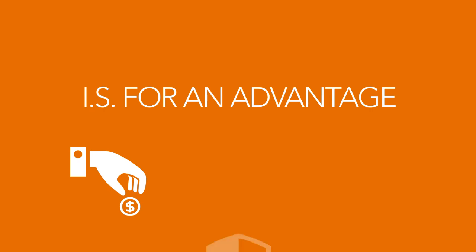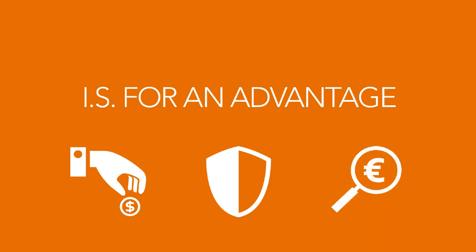The next one is differentiation. This is by you taking your product and making it different from the competitor. That means you have to understand the competitor's offering, and you have to really design it with a difference in mind. And that is supported a lot by these information systems. And finally, focus: top line strategies.